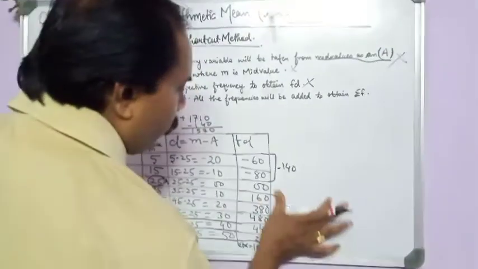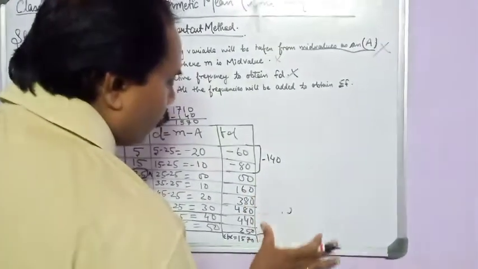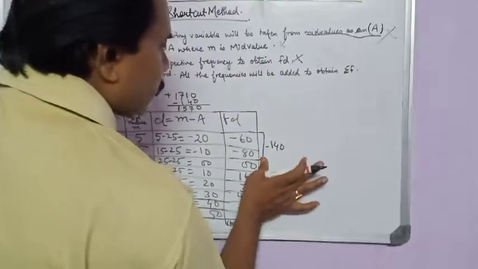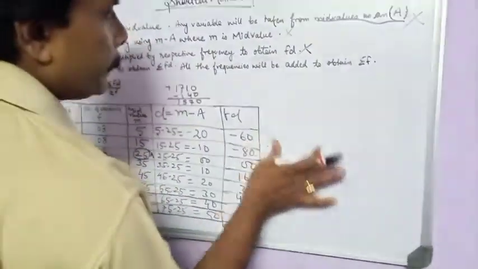So sum of FD is 1570. We have already calculated the sum of FD.